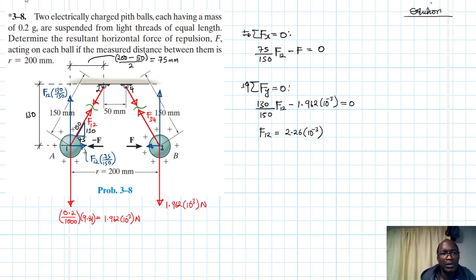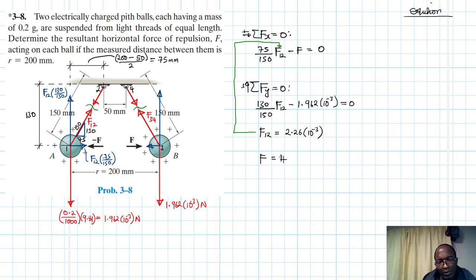And then we can feed this into here so that we find the value of F. Once we do so, the value of F is just going to be equal to this value times 75 divided by 150.